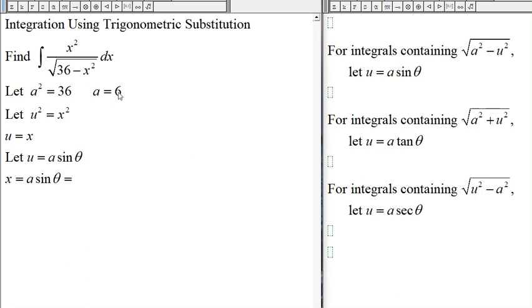But a is 6, so we get 6 sine of theta. Now we take the derivative dx over d theta. Then we get 6, and the derivative of sine is cosine.